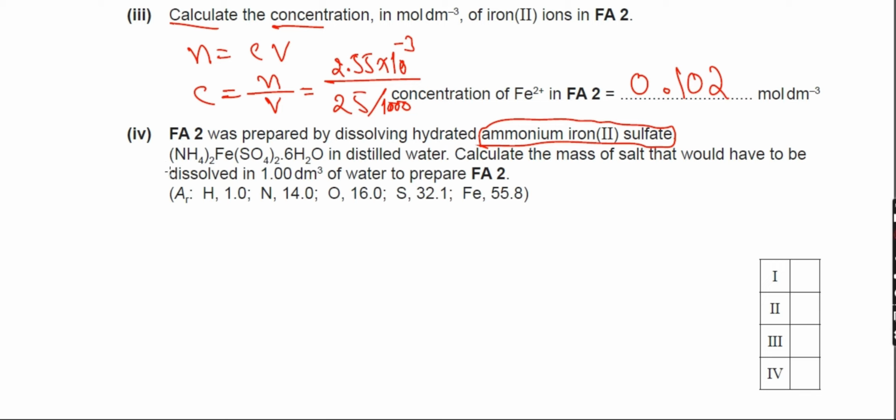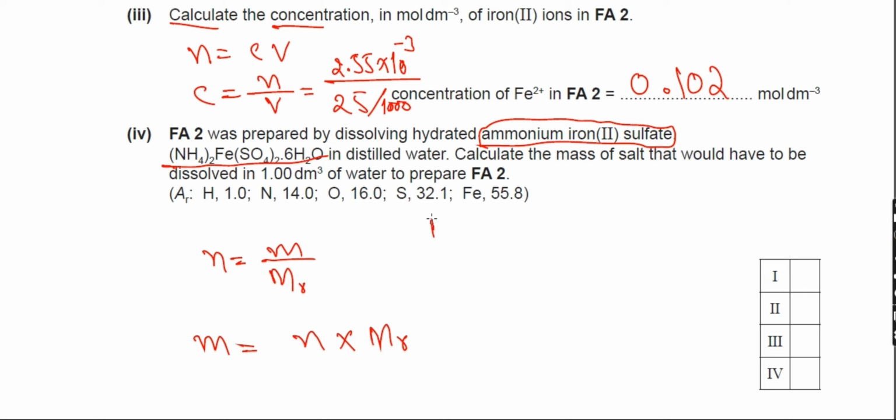The formula is this one, which is hydrated now, okay? Then he says dissolve in water, calculate the mass of the salt that would have to be dissolved. So we are going to use the formula n equals the given mass divided by the molar mass, okay? So now as we are going to find the mass, we rearrange it, then the mass will be equal to moles times the Mr.